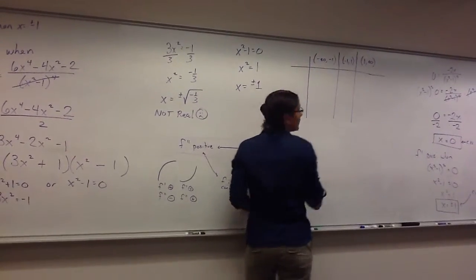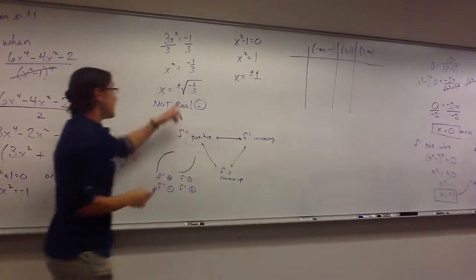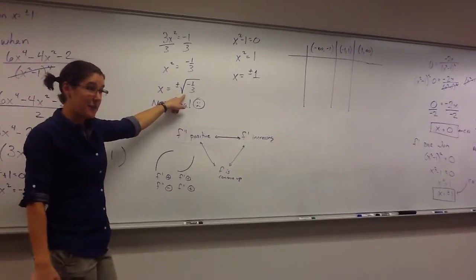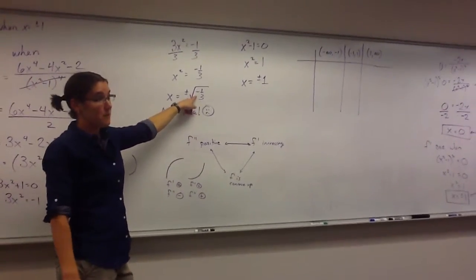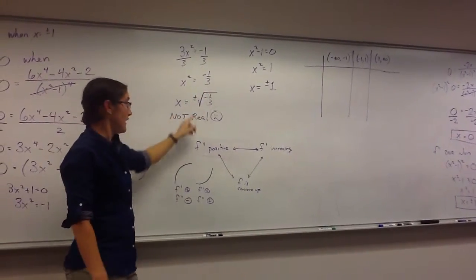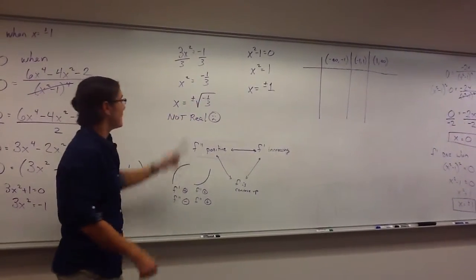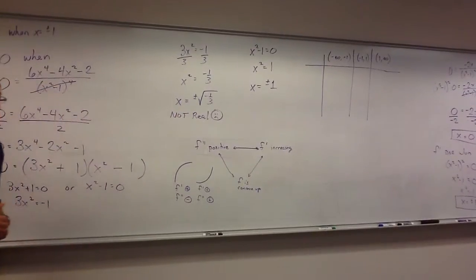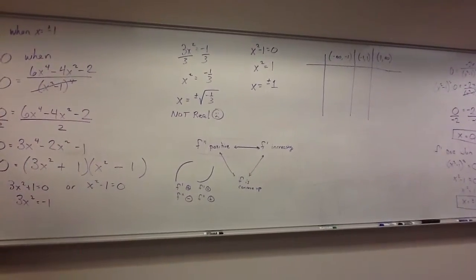Don't include the square root. These are not real values because it's the square root of a negative number. Oh, right. If this had been a positive square root of 3, then yes, we would have to include these as well. But this led us down an imaginary rabbit hole, so we don't have to worry about that one.